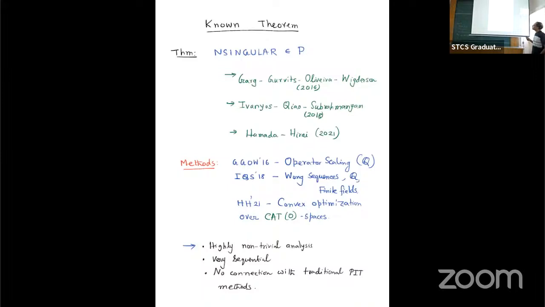And the methods are very different. As I said, the first one uses something called operator scaling. It's a very analytic technique, and it works over, let's say, rationals. The second one is extremely algebraic.